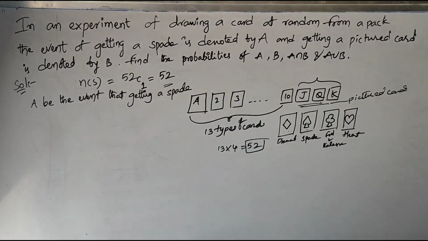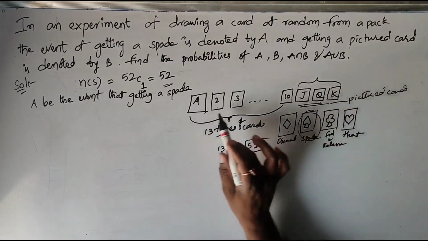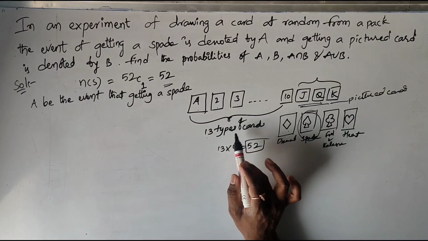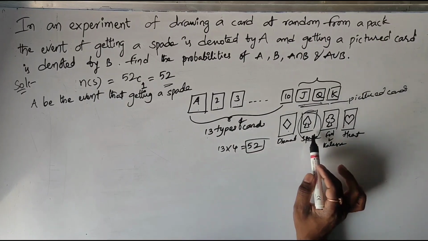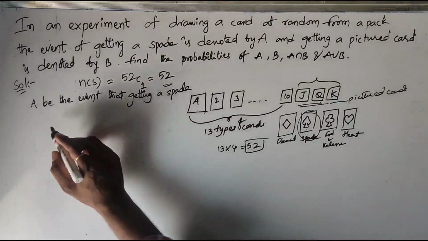This is nothing but the spade symbol. Each and every card has this symbol, from A to K. How many cards are there? 13 types of cards, and each and every card has spade. So how many spades exist here?